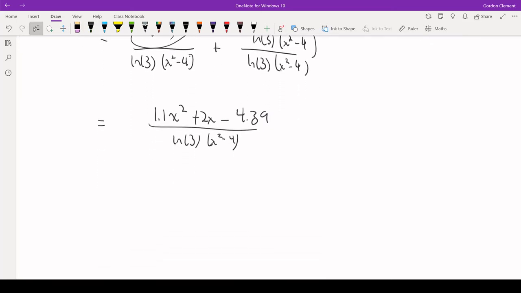And again, I could try and factor that, but I don't want to bother. I'm just going to go to the quadratic formula to figure out where the top is 0.